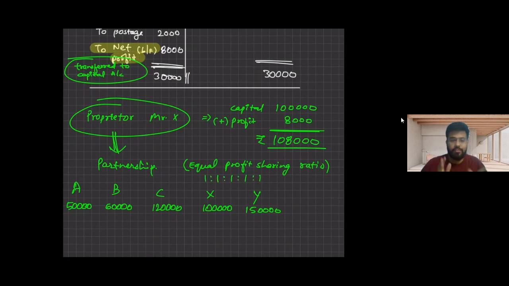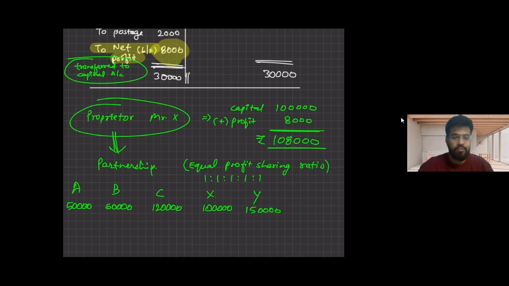That means whatever profit they are earning, they need to distribute amongst themselves. Now they have earned a profit of how much in this year? Yes, in this year, they have earned a profit of 8,000 rupees.